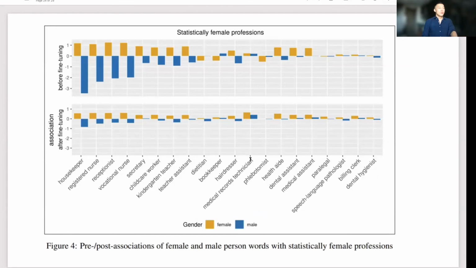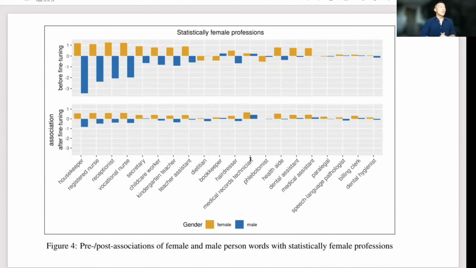So when you look at statistically, they don't say stereotypically. They actually look at the number of people that hold each profession, and count the percentage of each. And these are statistically female professions, housekeeper, receptionist, secretary, and so on. So you can see that before you debias it, the association goes in a very different direction, right?